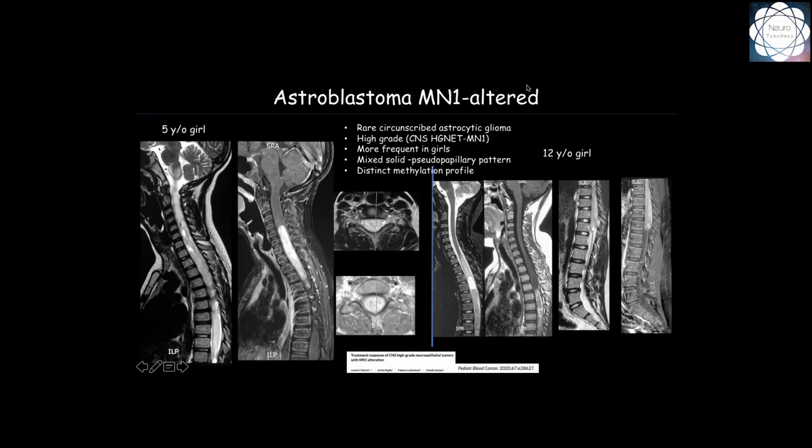This type of tumors was introduced some years ago among other variants, and they were interpreted as high-grade neuroepithelial tumors, but in the last classification, they remained classified as astroblastomas. They are rare circumscribed astrocytic gliomas with mixed solid and pseudopapillary pattern and a distinct methylation profile.